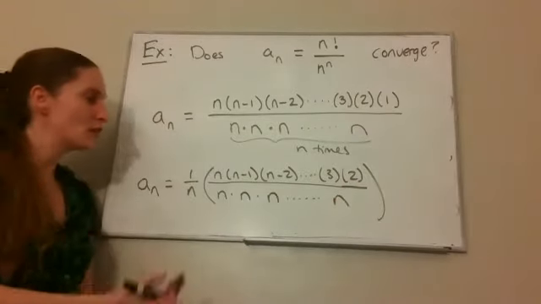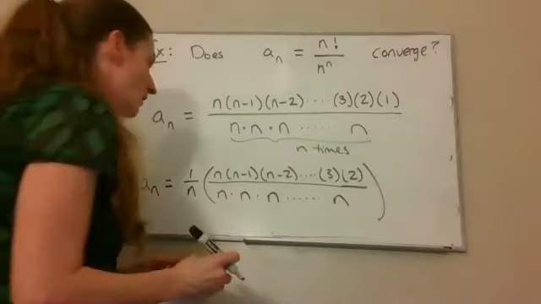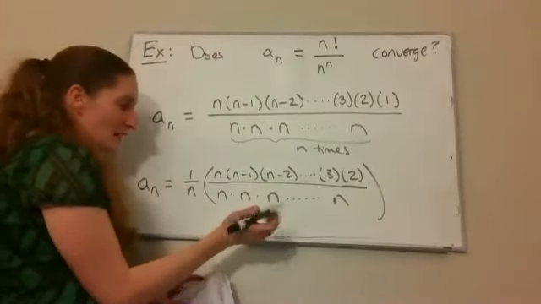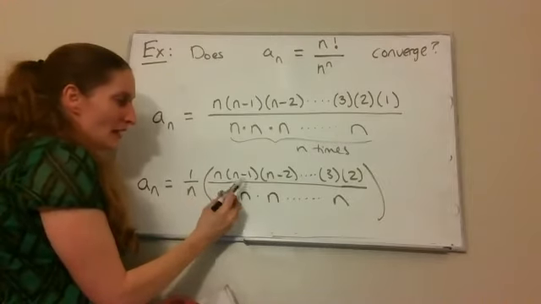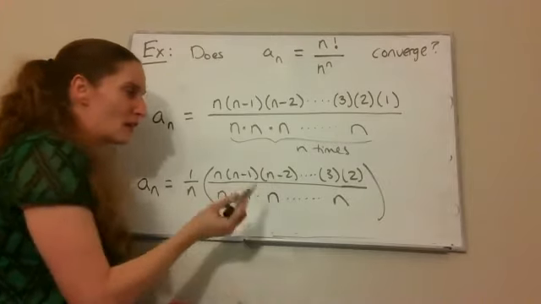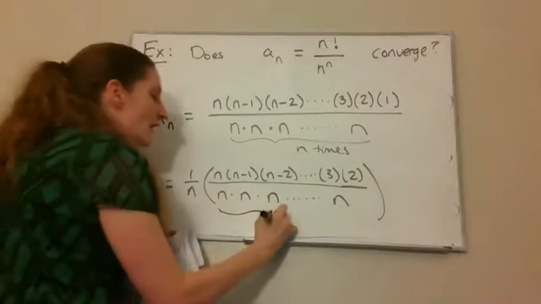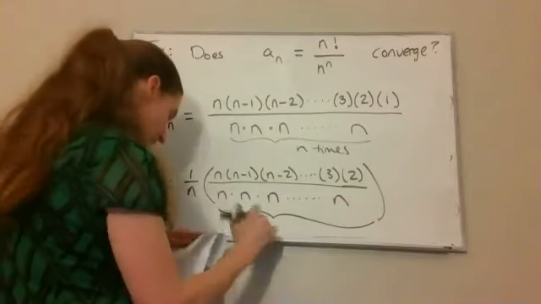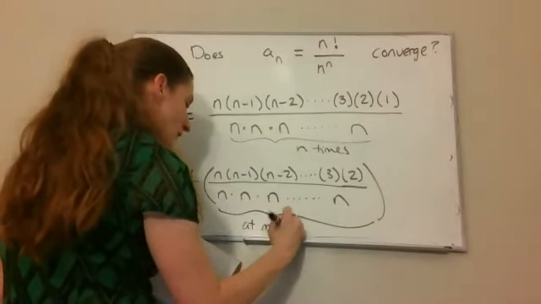And I have an equal number of terms on the top and on the bottom. Now, if you look at the parentheses here, n over n would be 1. But everything else, the piece in the numerator is smaller than the piece in the denominator.